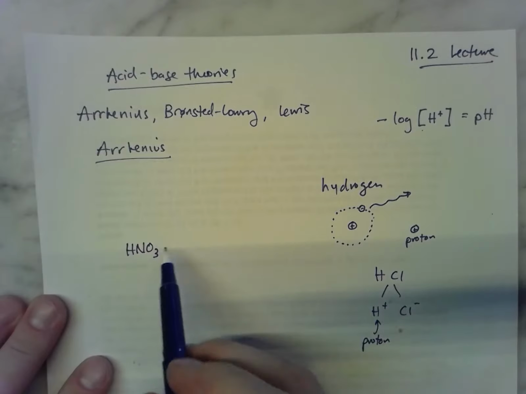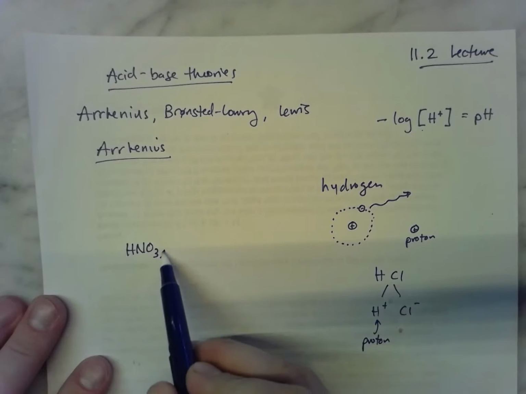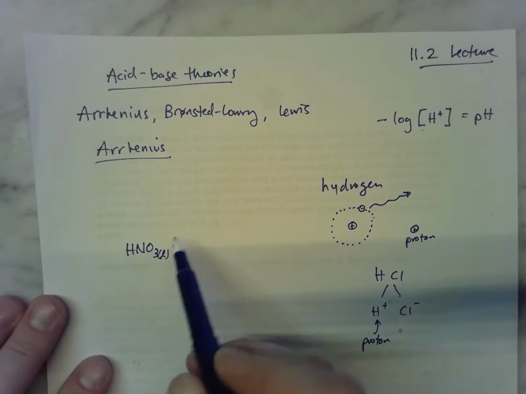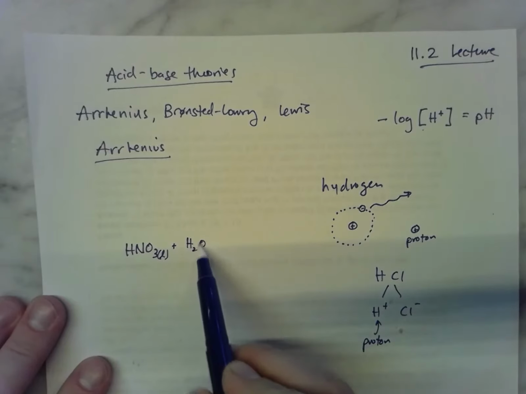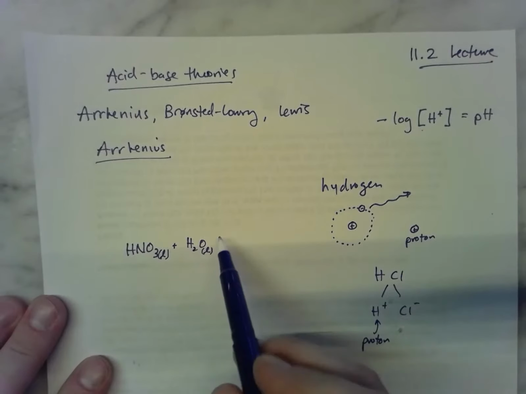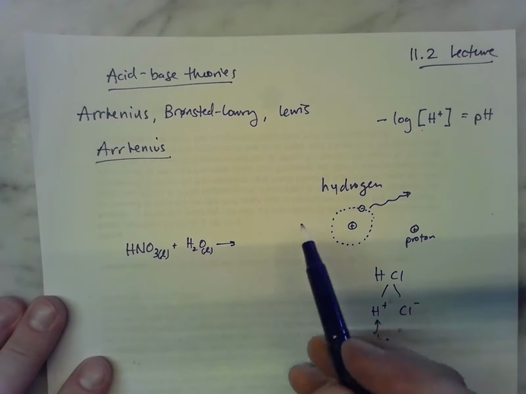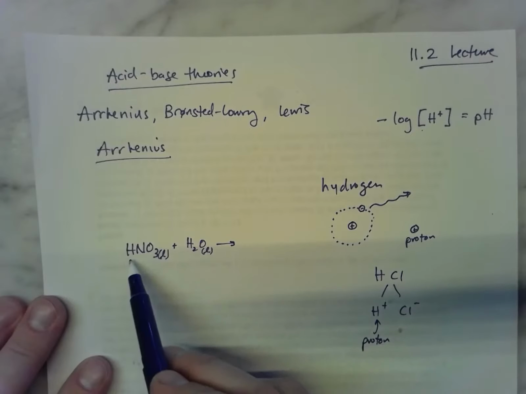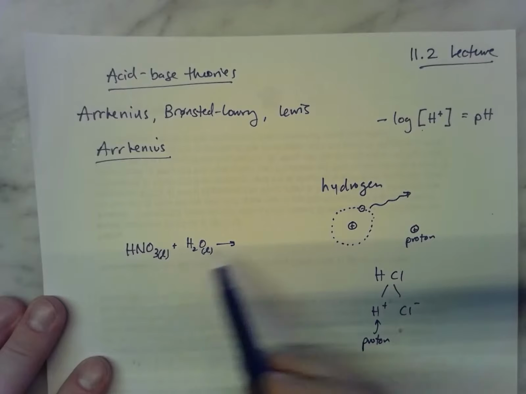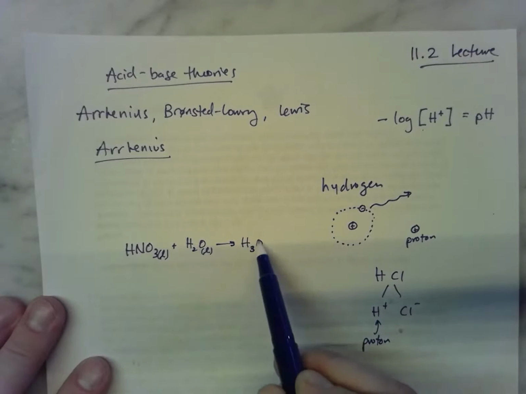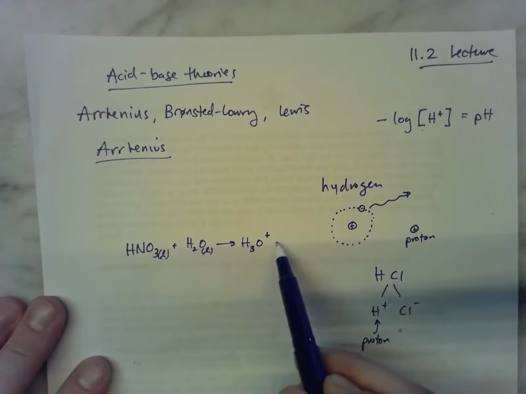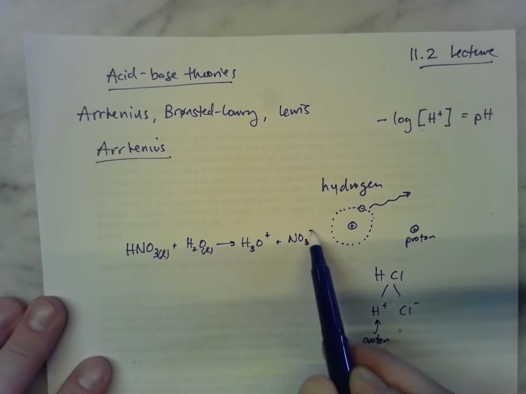So if we put these things together as a liquid and H2O as a liquid, that becomes what we get. So this hydrogen migrates over to here, and we end up with an H3O plus and an NO3 minus.